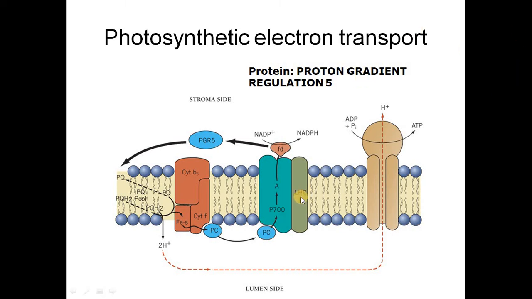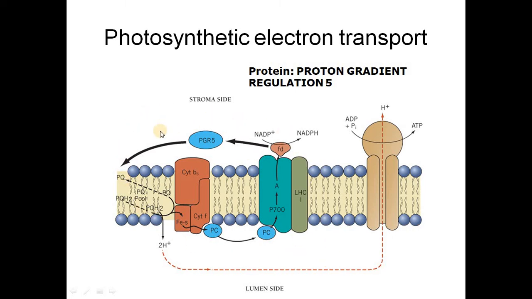we said, is the presence of these light harvesting complexes, but also that photosystem 1 can happen on its own without the input of electrons from photosystem 2. So you will see that there is a protein called proton gradient regulation 5, which can take electrons back to plastoquinone.